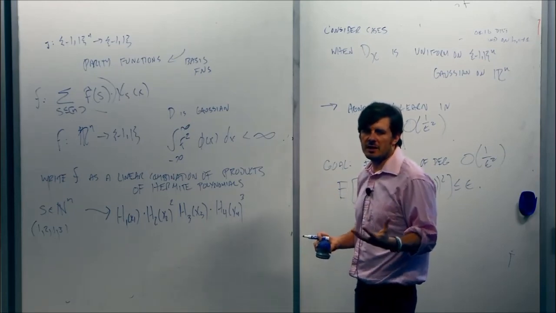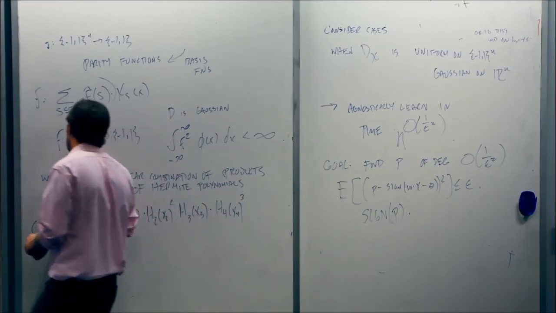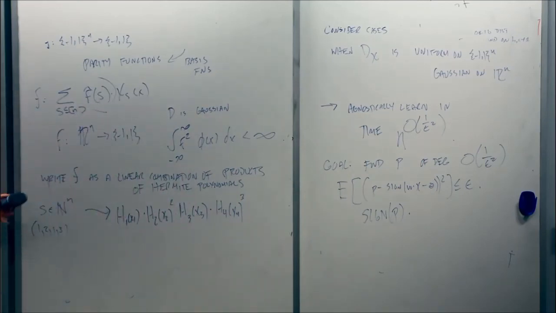So I can take products of Hermite polynomials, and these will be your new basis functions.